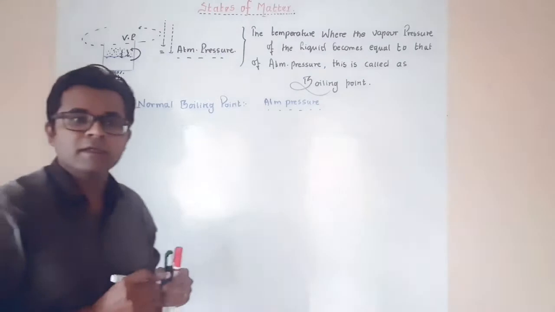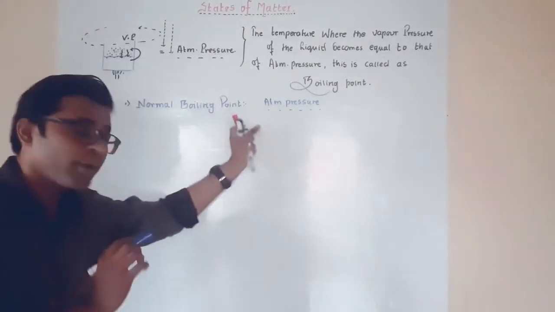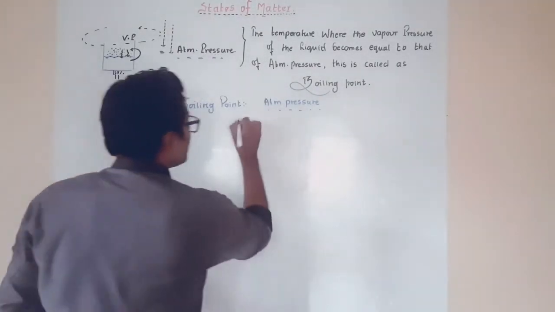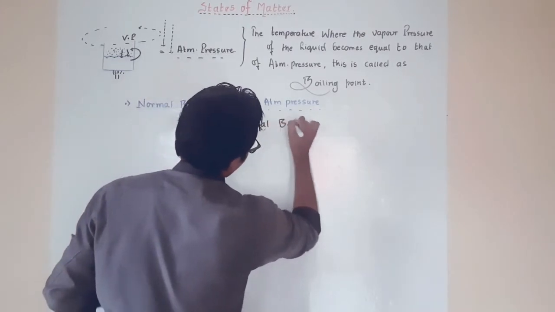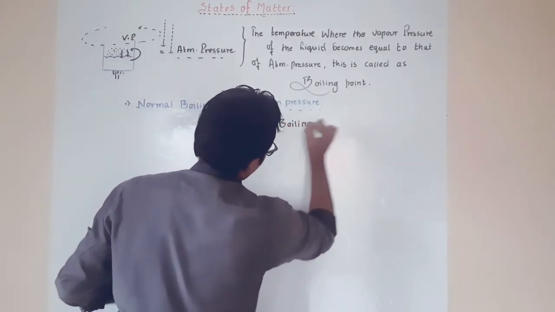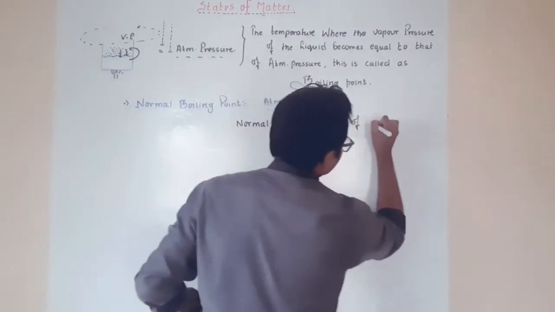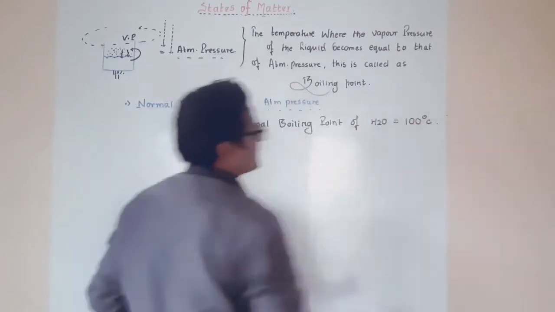Whenever we measure in the form of atmospheric pressure, we consider it the normal boiling point of a liquid. For example, the normal boiling point of water is 100 degrees Celsius.